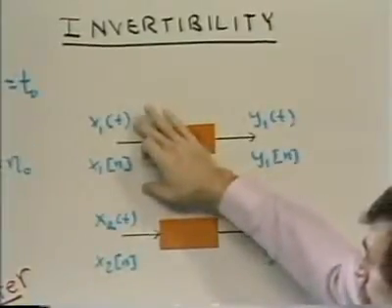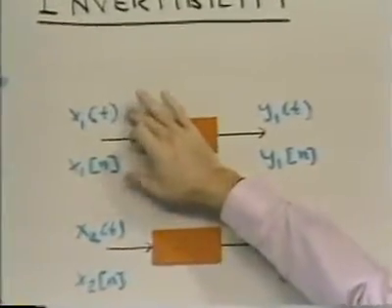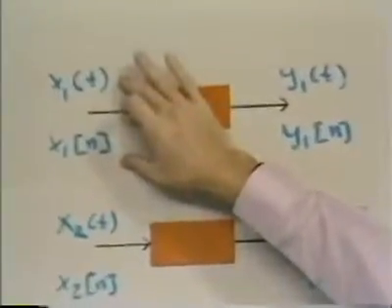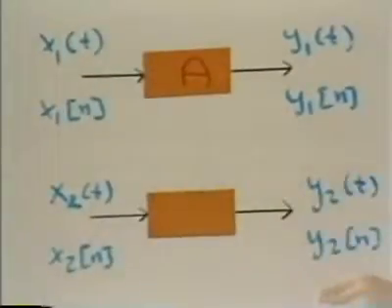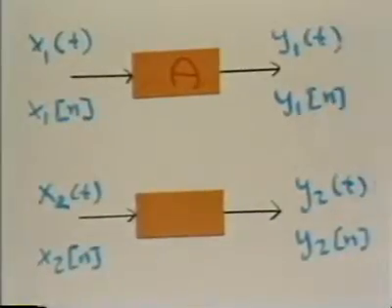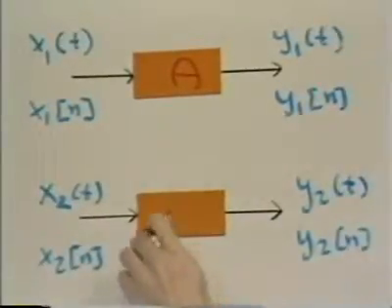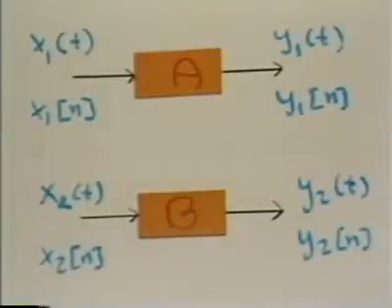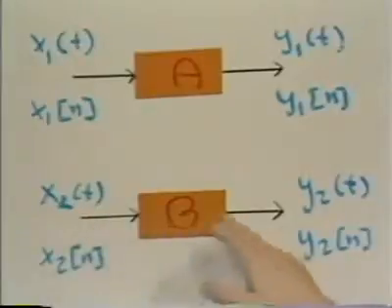It has an input, x1 of t or n, depending on whether it's continuous time or discrete time that we're talking about, and an associated output. And here we have system B with its associated input and output.